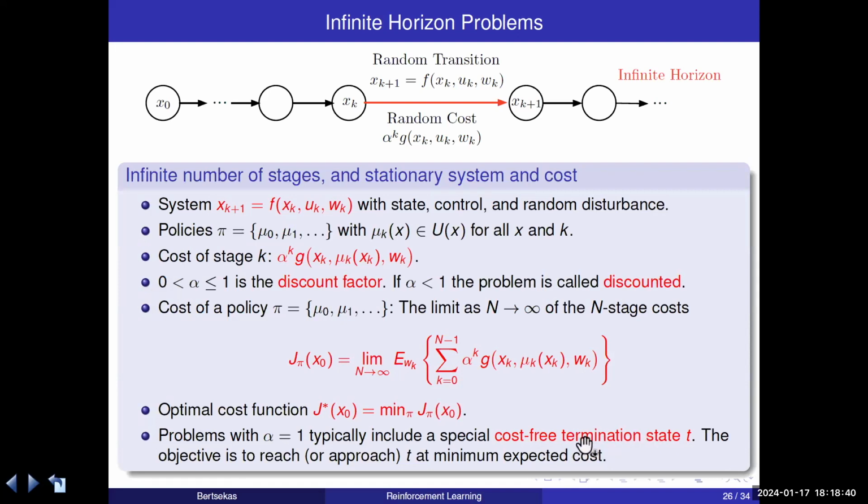It's an example of a problem where some policies have infinite cost. However, the optimal policy always has finite cost as long as there is a path from every state to the destination. Deterministic shortest path problems are a special case of this, but there are other problems called stochastic shortest path problems that involve stochastic uncertainty and are more complicated, but very useful in practice because problems with termination states arise often in applications.